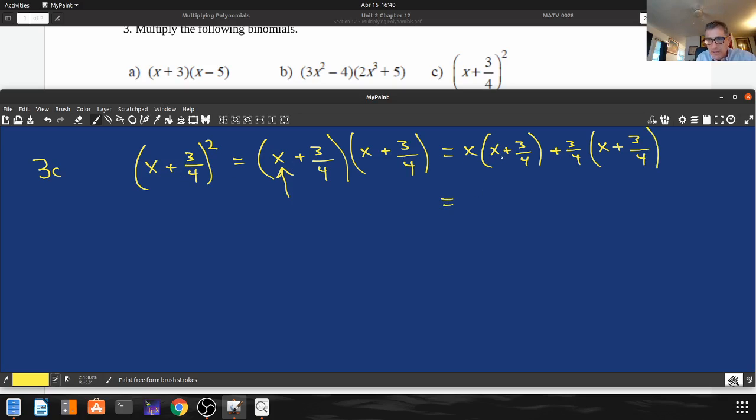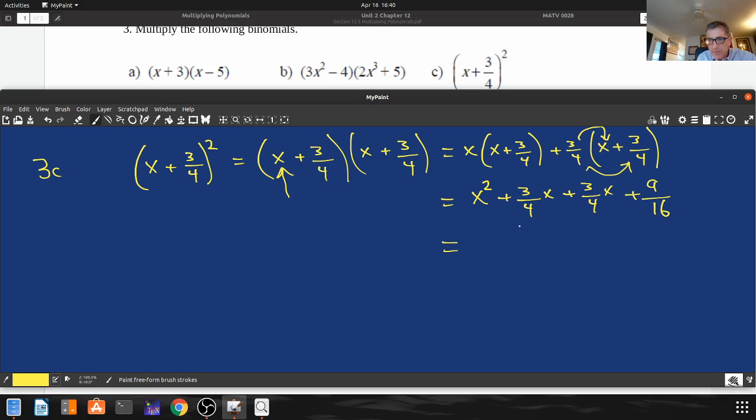So this is x times x, which is x squared. X times 3/4 is 3/4 times x. 3/4 times x. I'm just multiplying again, just using distribution. And 3/4 times 3/4, well, 3 times 3 is 9, and 4 times 4 is 16.